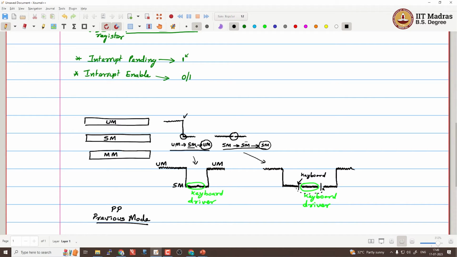An event occurred, and the hardware has switched to the supervisor mode. Now, what we discussed at this particular point is 2 things. We now know how to identify the cause of the interrupt. We are able to identify whether it is a software interrupt or what interrupt is pending.